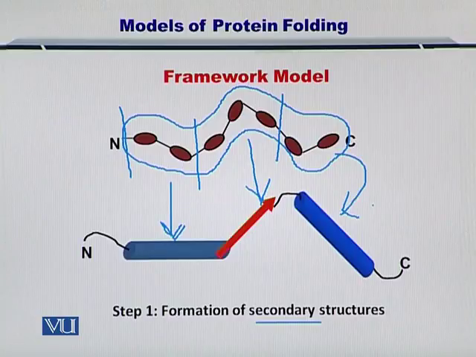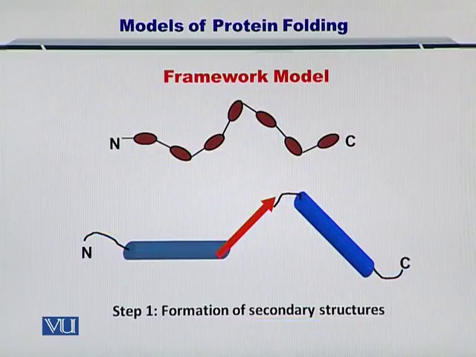So the amino acids form individual secondary structures, and these secondary structures are together in the form of a string here. So this is the framework model, which says that the amino acids first individually act to form secondary structures.